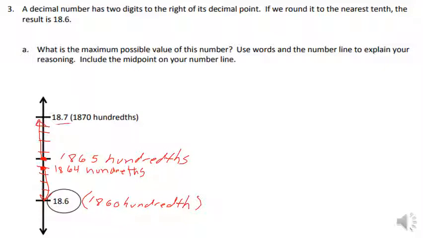Anything from halfway, which is 1865 hundredths, up will round to 18.7. So the largest number this could be where it has 2 digits past the decimal point is going to be 1864 hundredths, which will be written as 18.